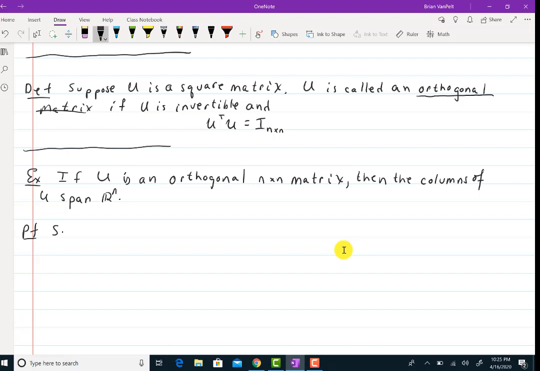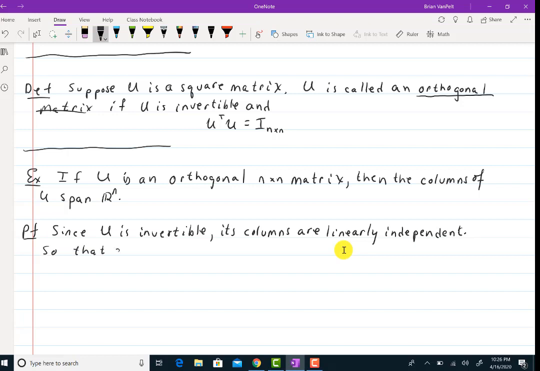So since U is invertible, its columns are linearly independent. So that gives n linearly independent vectors in Rn.